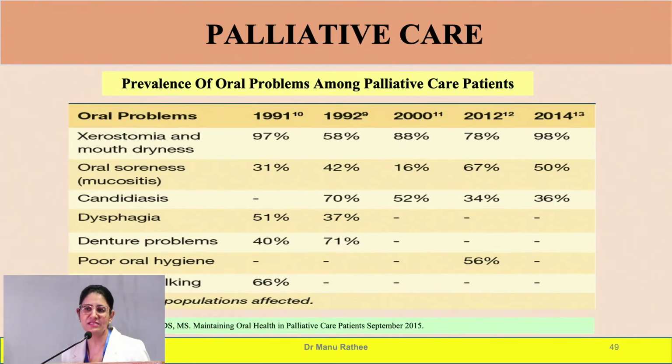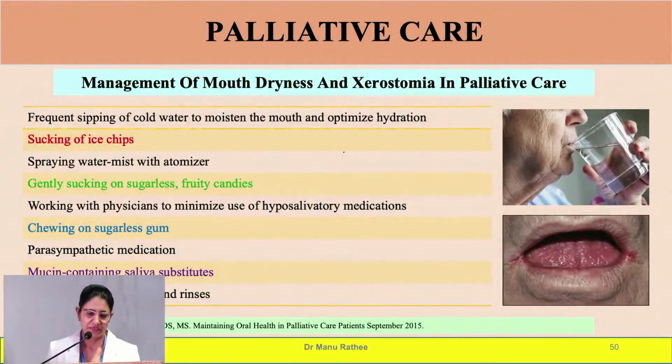The palliative care may be required for xerostomia or the dryness of the mouth, some denture problems, poor oral hygiene and difficulty in talking. Dear student, you might be saying that poor oral hygiene, what the big problem it is. But definitely for this age group, it is a very big problem. And if this problem is addressed by the very trivial measures, it solves a lot of problems.